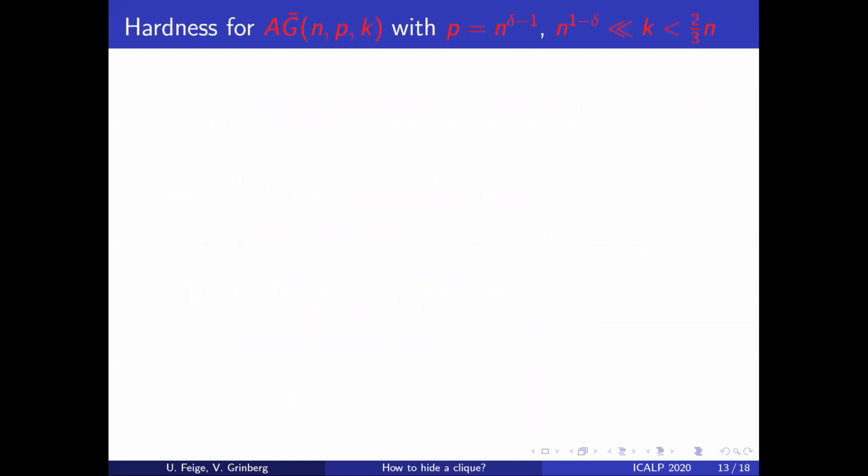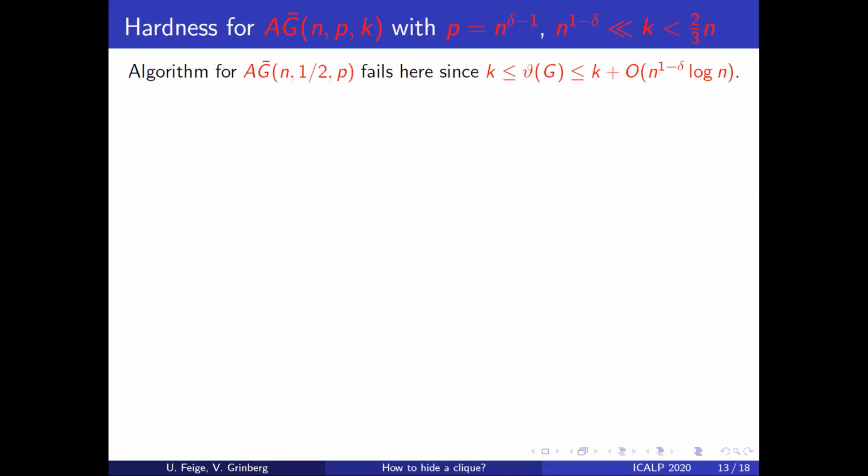Now we move to our third regime, the adversarial planted independent set model with p equals n^(delta-1) and k between n^(1-delta) and 2n/3. We need to mention that our algorithm for p equals 1/2 fails here, since our proofs can guarantee an upper bound on the theta function only of k plus O(n^(1-delta) log n).